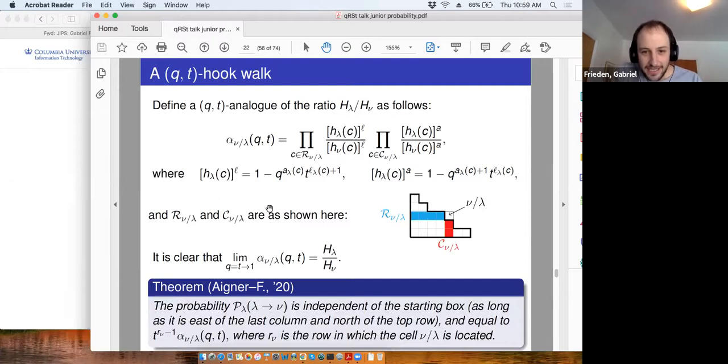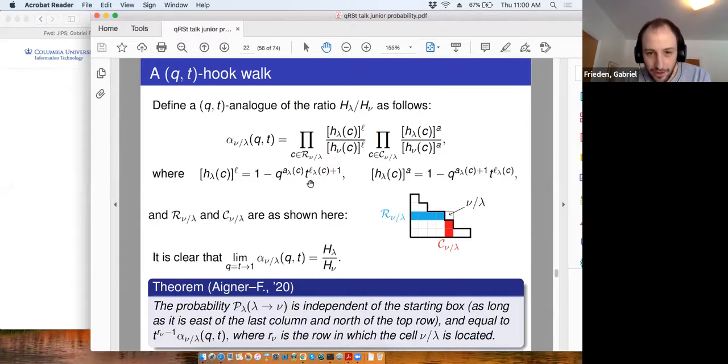The basic idea is you look at all the cells that are in the same row as nu over lambda and all the cells that are in the same column. And for each of those cells, you take the ratio of a qt deformation. There are two natural ways that you can qtify the hook length.